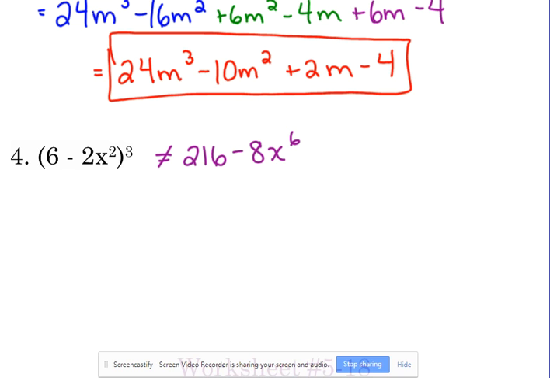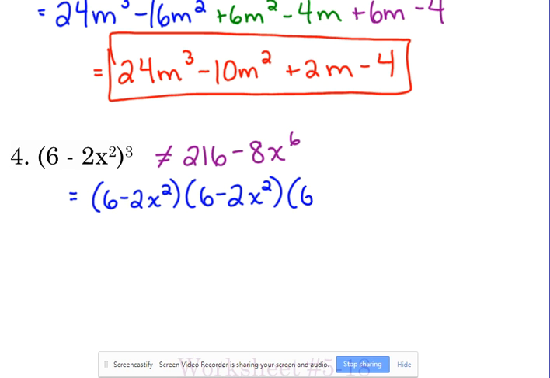So what we're really doing here, if we cube a number or cube an expression, we're multiplying it by itself 3 times. And you'll see here in a second that we do not get 216 minus 8x cubed. Or, excuse me, x to the 6th.